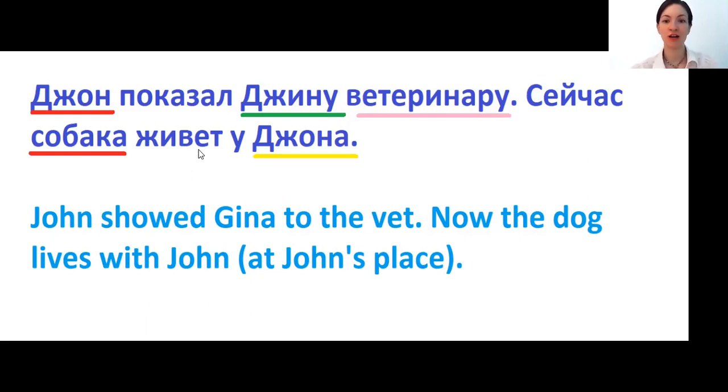Because if we talk about place, apartment, forest, house, kitchen, whatever, we use prepositional case. But if we talk about people, like John or Mary or mother, father, or aunt, any other person, you have to say живет у and then genitive. That's the difference. Place, prepositional, people, genitive.